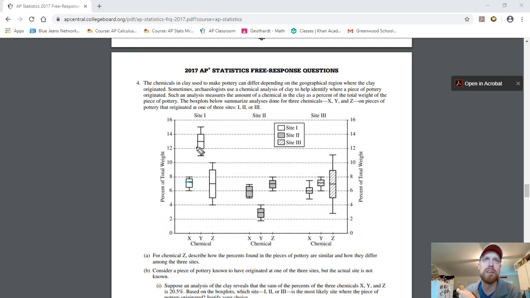So if that's like 7 and 13 and 7, if that's 6 and 3 and 7, and that's 6 and 7 and 7. So this is 27. This is 16. And this is 14 to 20.